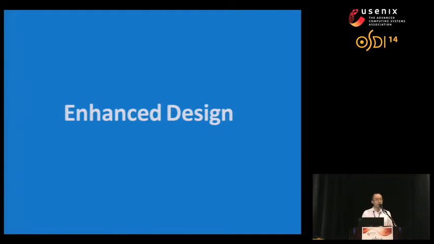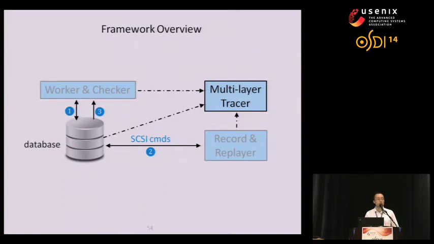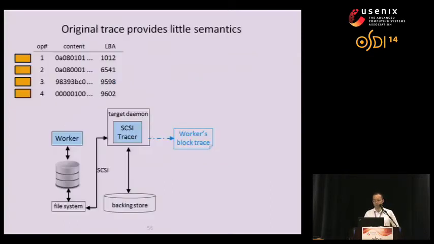In order to identify those special fault points and to understand the root cause, we need more context information. So we enhance our design by introducing a multi-layer tracer. The original trace only includes the content and the LBA of each minimum operation for replaying purpose.